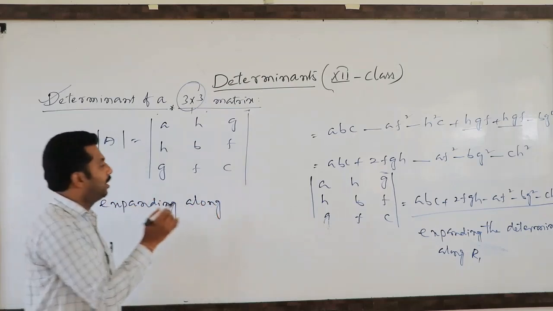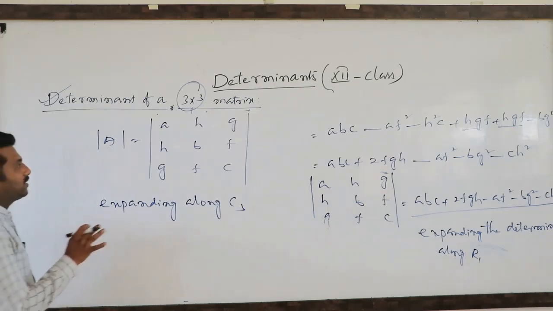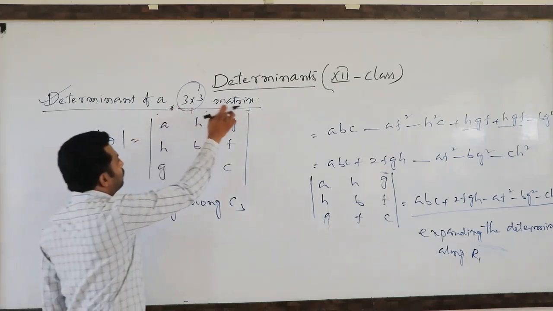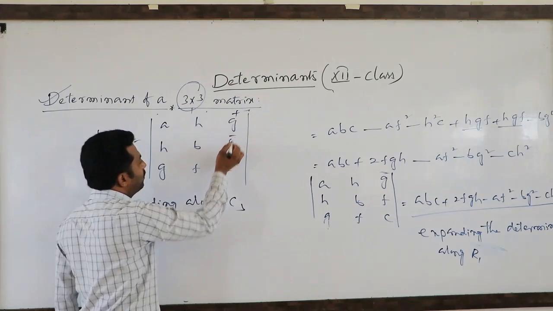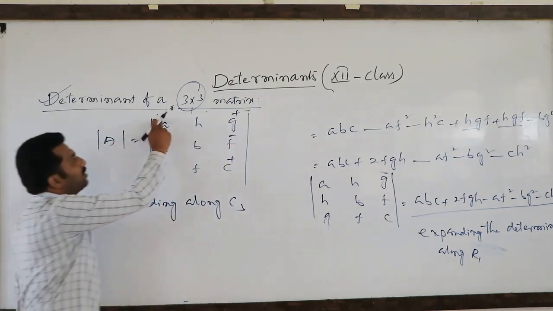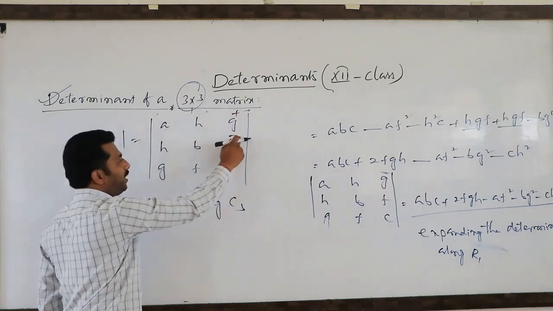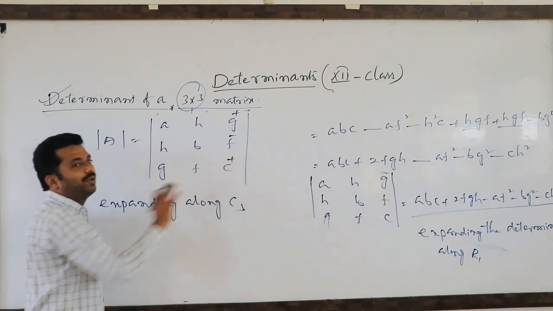Can I select the third column? That is the third column, C3. What are the signs? Plus, minus, plus. This is plus means this is minus, this is plus. Symbols you have to identify. Plus, minus, plus. This is plus means minus. This is minus means plus.